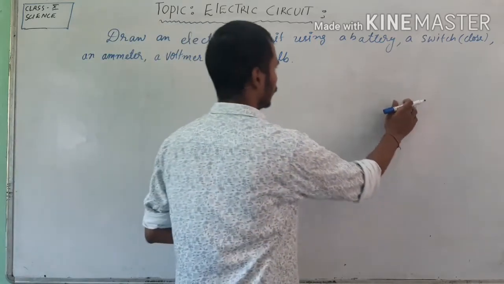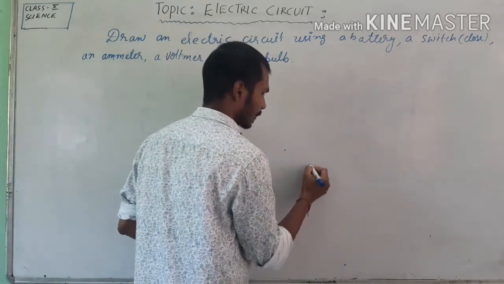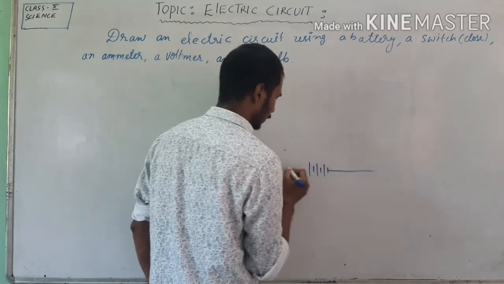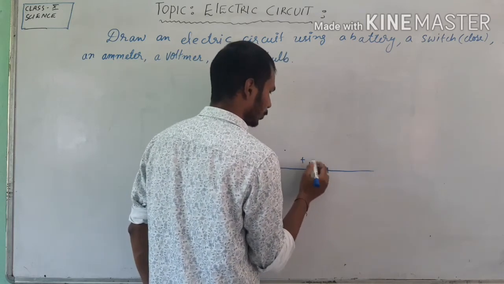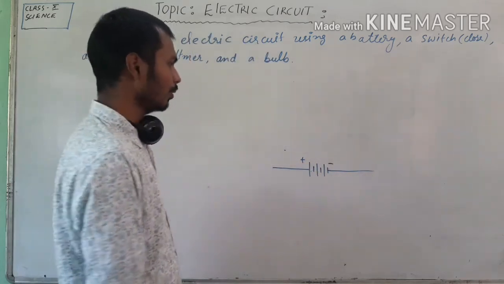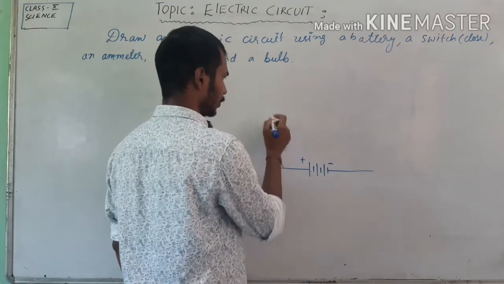First you place the battery. This is the battery. This is the positive terminal and this is the negative terminal of the battery. Now connect the battery to the bulb.